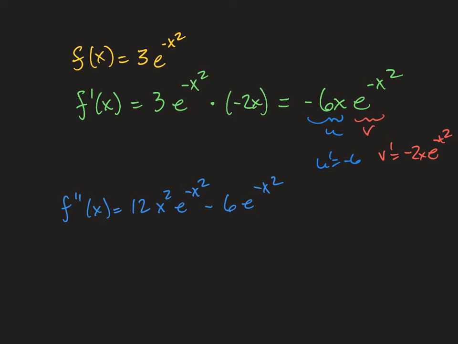And we can clean this up a little bit. We can factor out an e to the negative x squared, and we can factor out a 6. So that leaves us with 6x squared minus 3.